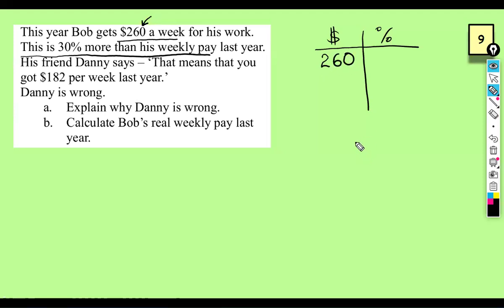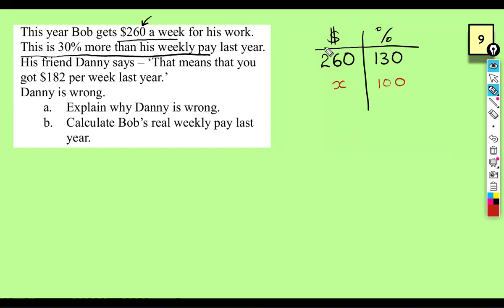But that 260 is represented by 130%, because this is his pay with the 30% extra included. So how much was he getting before? That is what the question is asking. How much he was getting before all this raise and whatnot happened would have been 100%, the original value.